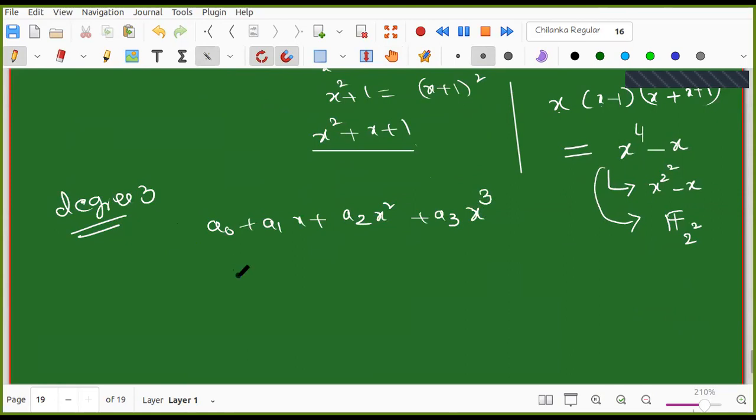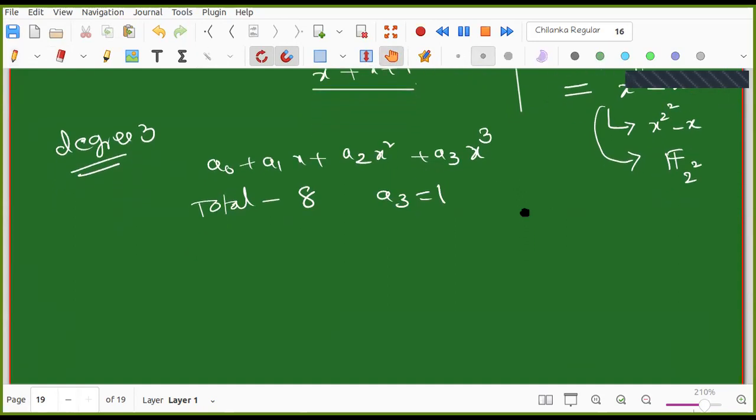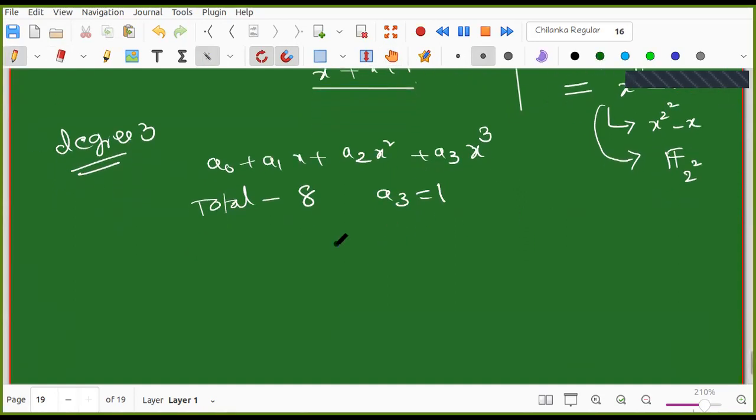In total, how many will be there? 8 are there, correct? Sorry, 16? No, 8, because a3 has to be 1, so 8.